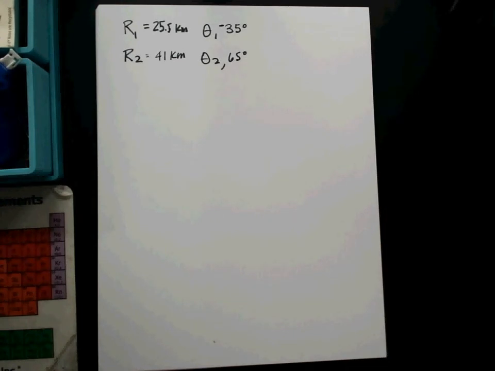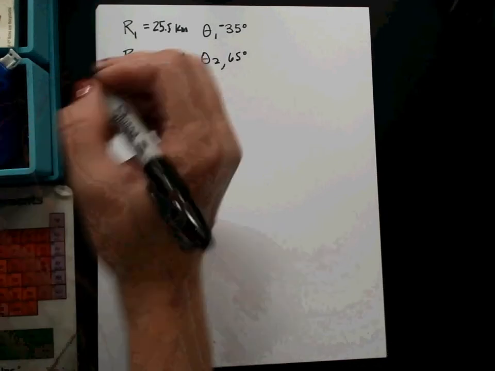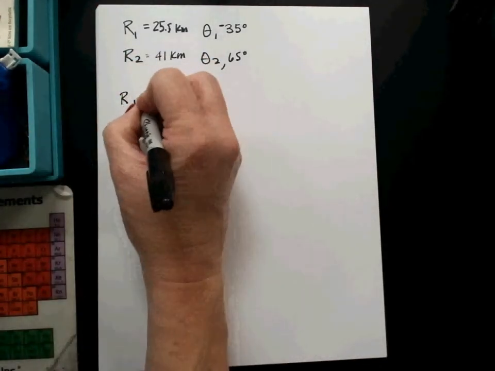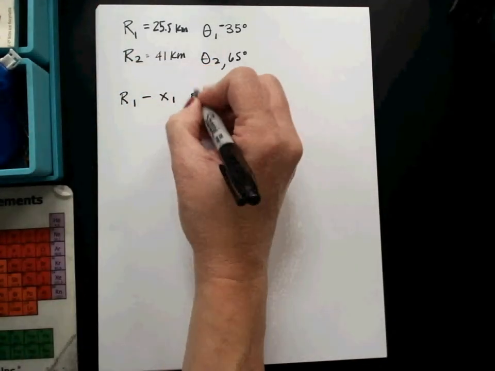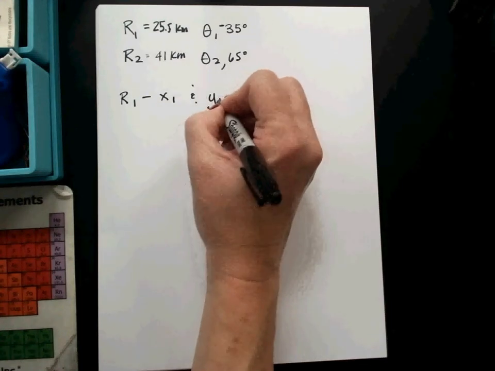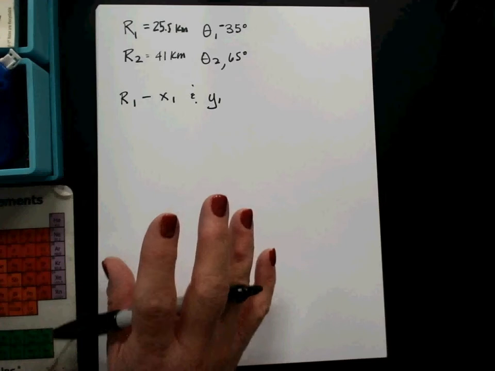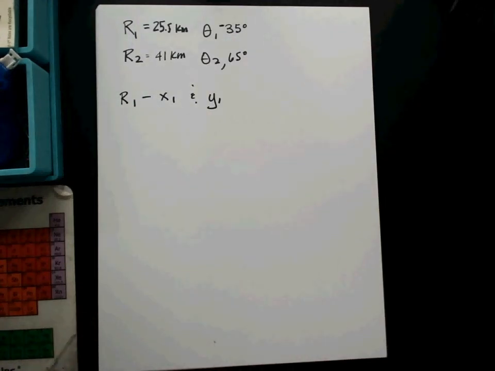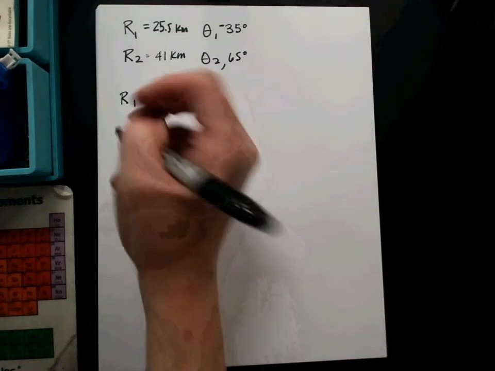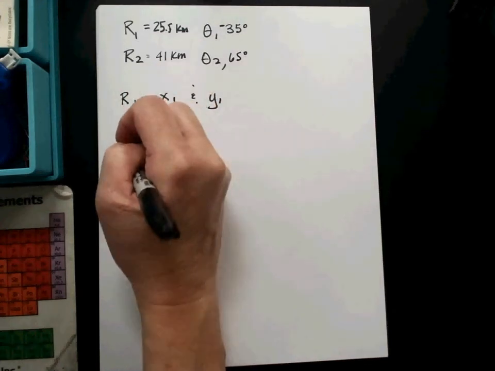Now, I can pick to start with R1 or R2. I like to start with R1. So, let's solve R1 for X1 and Y1. And I want you guys to do that. It's exactly what we did yesterday. Solve it and then stop, and we'll see if we agree on what you have.